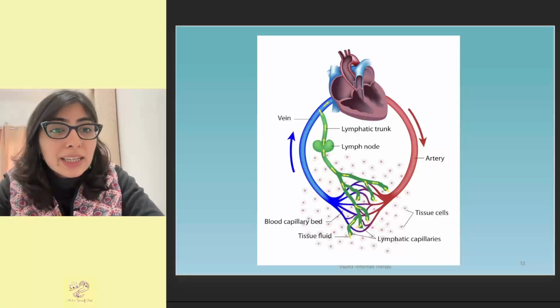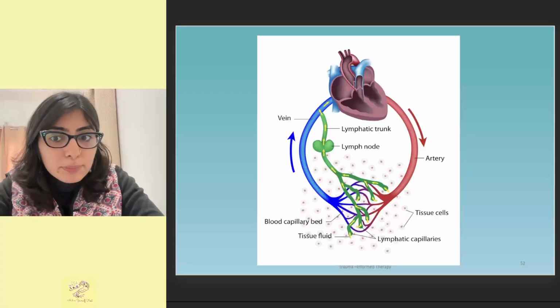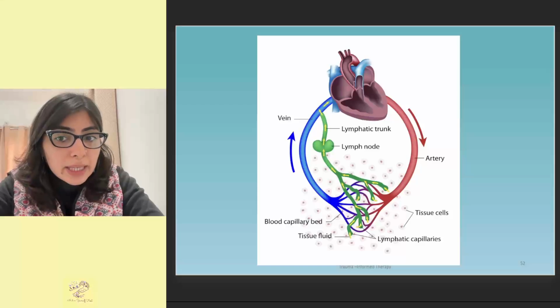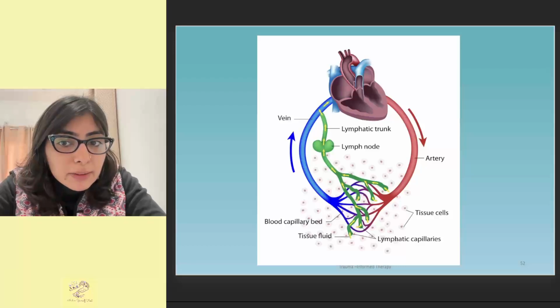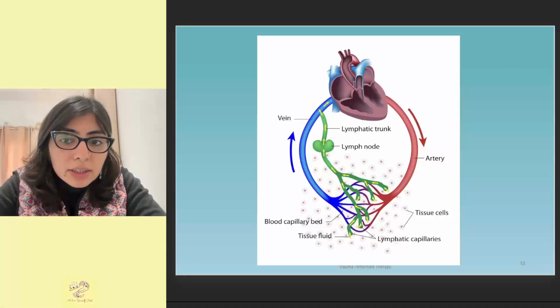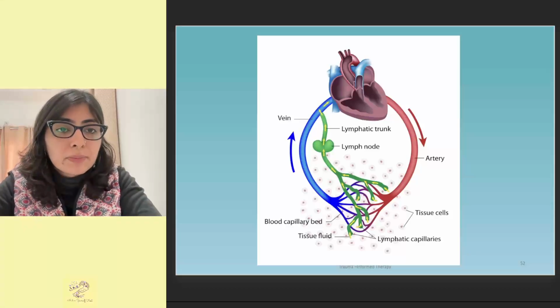Now, the remaining waste part in the blood, or the impure blood, is forwarded to these thin blue pipes, which are again called blood capillaries, and transferred to this big pipe and back to the heart. So this is how the circulatory system functions in a closed cycle.